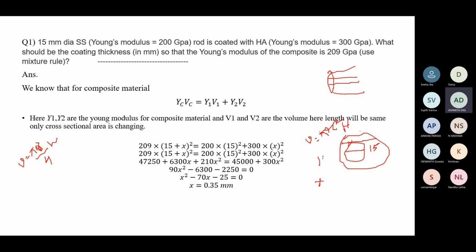This portion is clear to all, right? How the pi r square formula is converted in the form of diameter? Is this clear to all? Yes, ma'am.